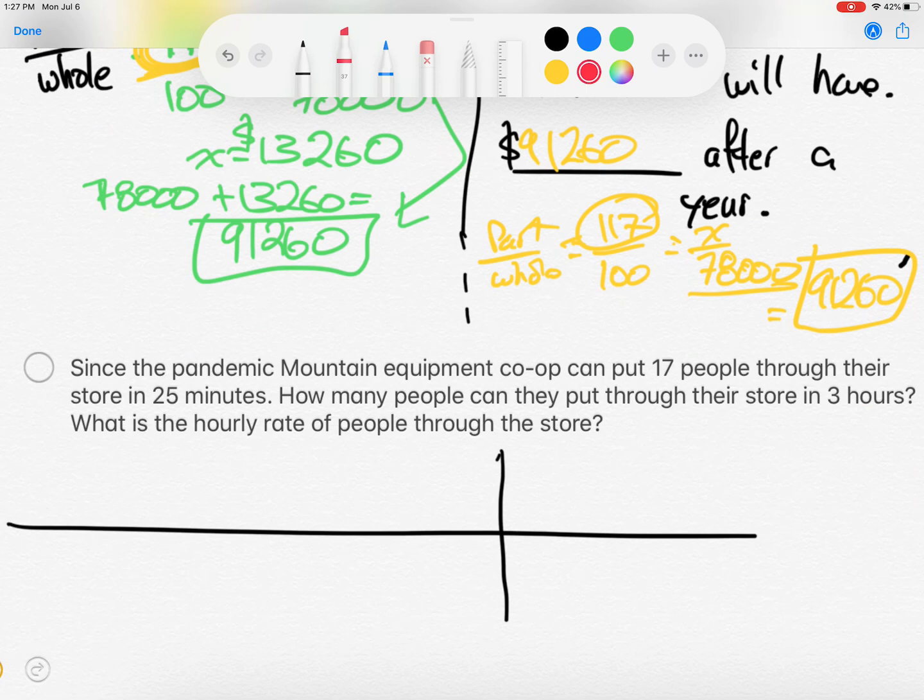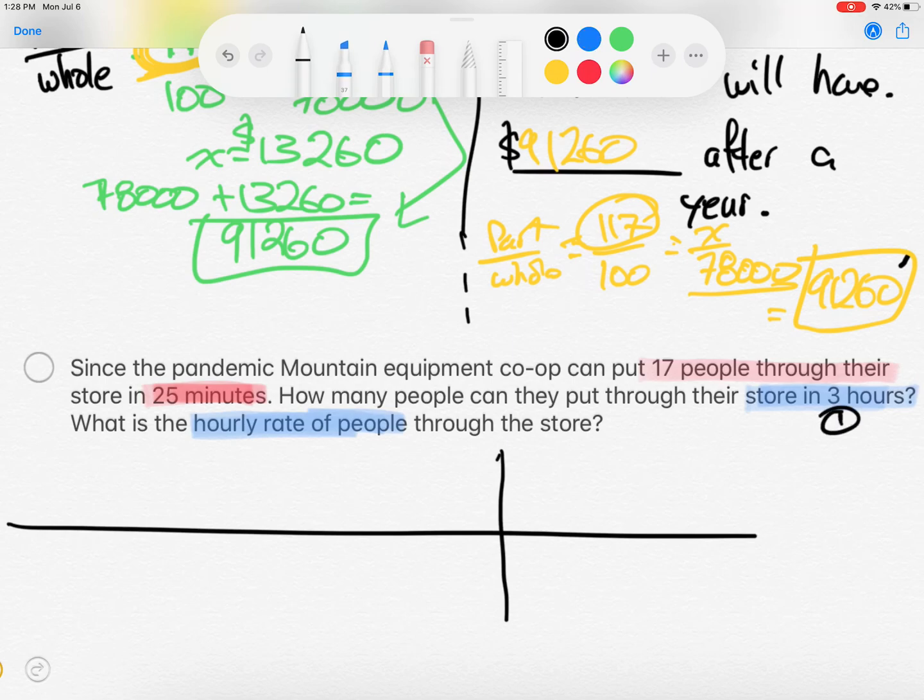Red numbers. 17 people through their stores, 25 minutes. That's pretty much all there is. Next one. How many people in 3 hours, and what is the hourly rate of people? So we have two questions here.